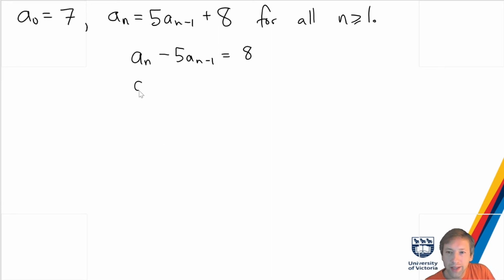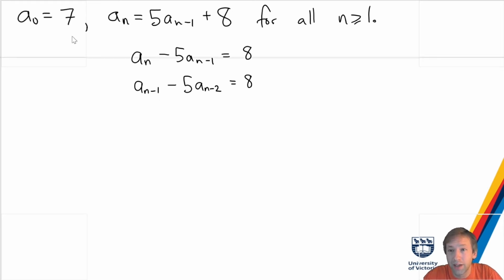If we try to do that the same way as before, it's not quite going to work. So if we just write A_{n-1} minus 5 A_{n-2} equals 8, this is correct. However, if I add everything up on the left side, it's not going to completely cancel, right? Because here I've got just an A_{n-1}, and here I've got 5 A_{n-1}.